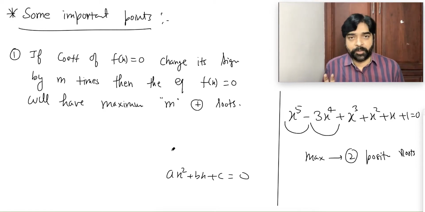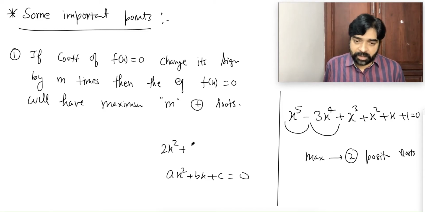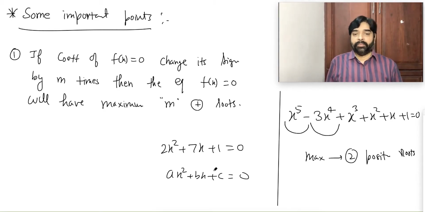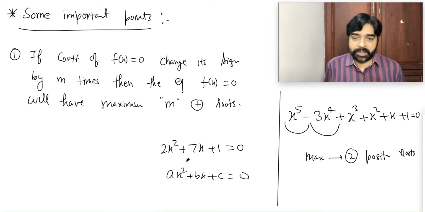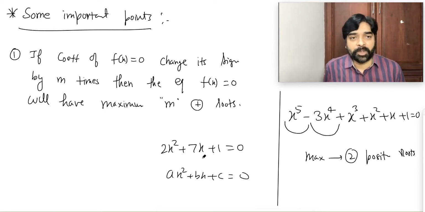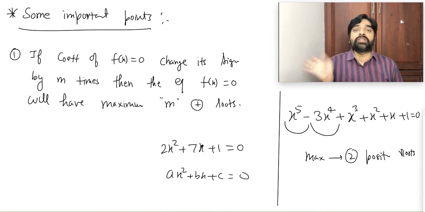Like if I say, watch it carefully everybody, 2x^2 + 7x + 1 = 0. Correct? This equation. I have to just see and check how many positive roots, how many negative roots. I will see whether the coefficient is changing its sign. No. The coefficient does not change its sign.